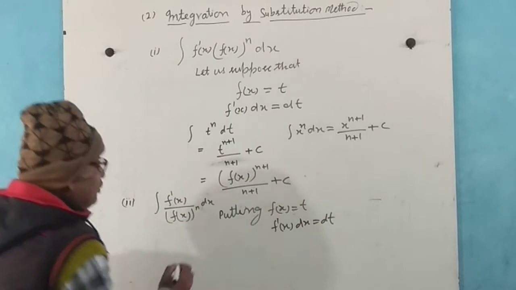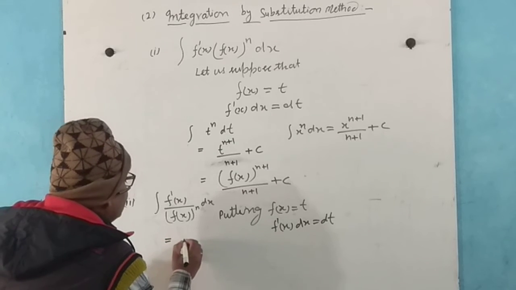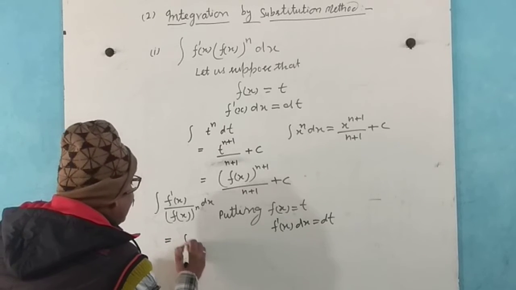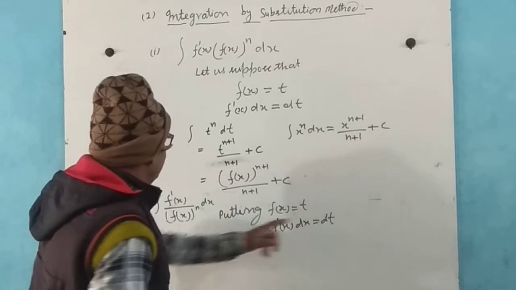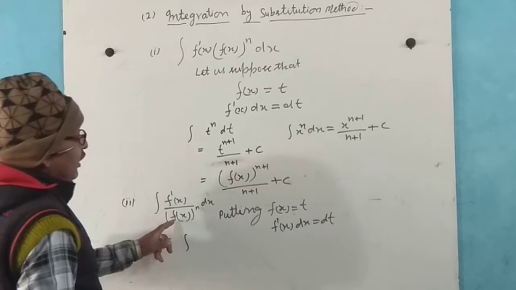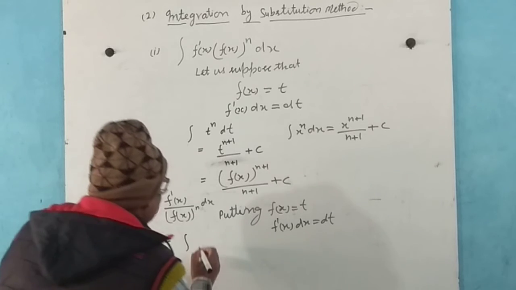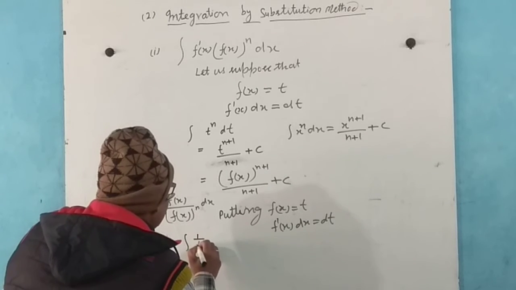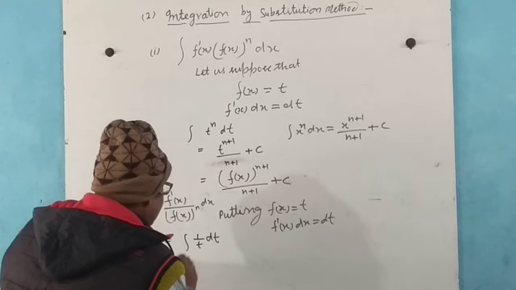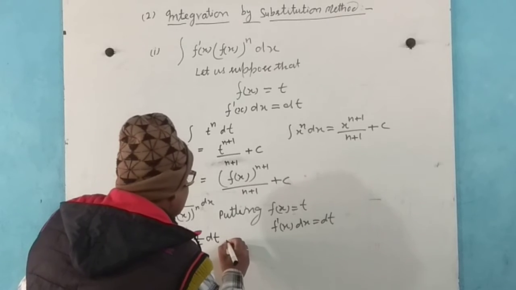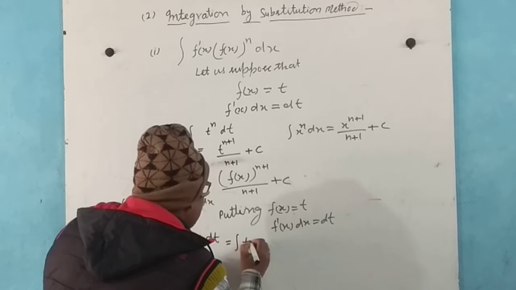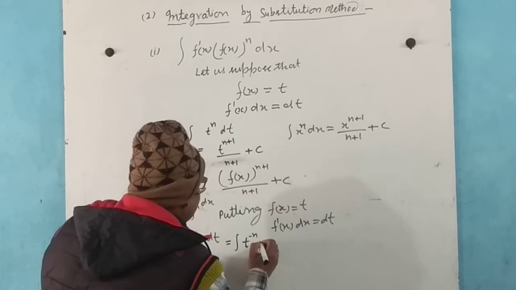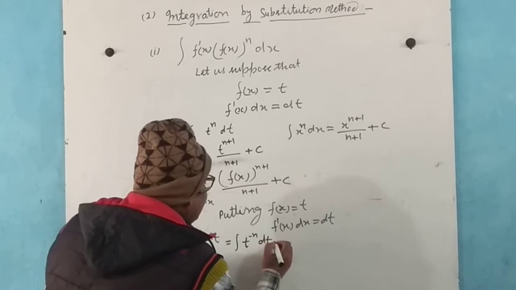Now this can be written as integration of dt divided by t to the power n, that is integration of t to the power minus n dt.